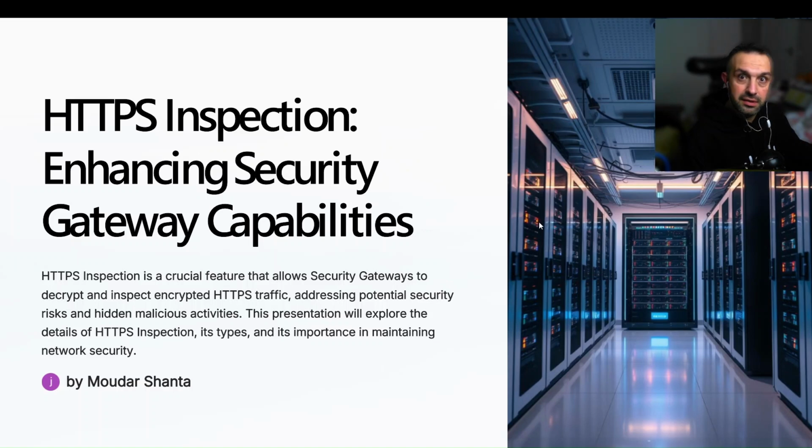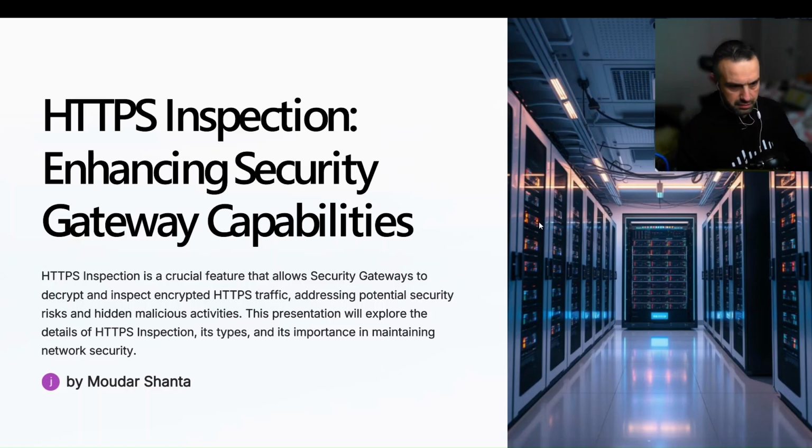By enabling HTTPS inspection, security gateways can establish new TLS, as we said, new TLS to the server and to the client. So can establish new TLS connections with external sites or service, allowing them to decrypt and inspect HTTPS traffic transmitted over these new connections.